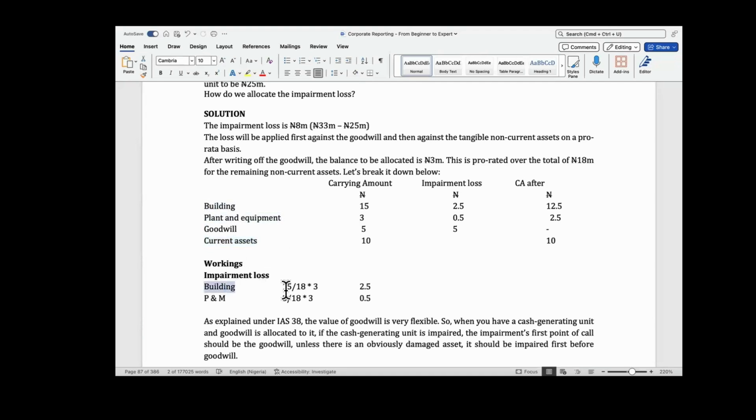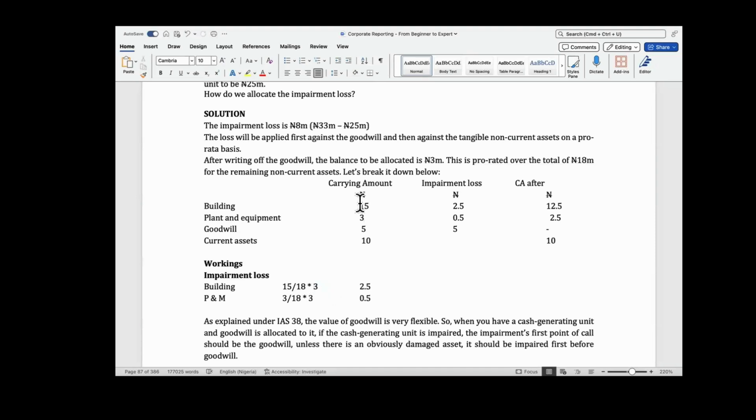For the building, I did 15 over 18. And how did I get 15 over 18? The value of the building is 15 million. The value of the plant is 3 million. So I'm doing 15:3, and I want to share 3 million.